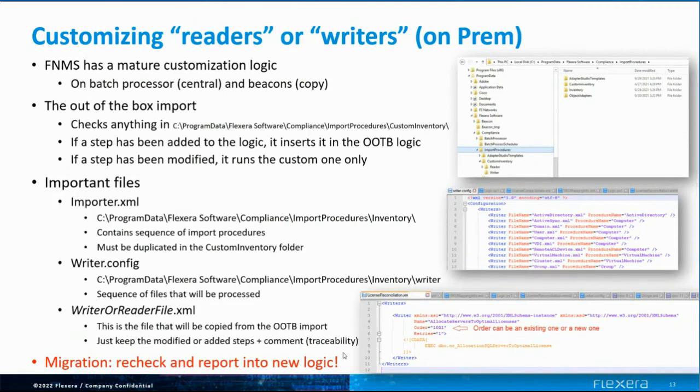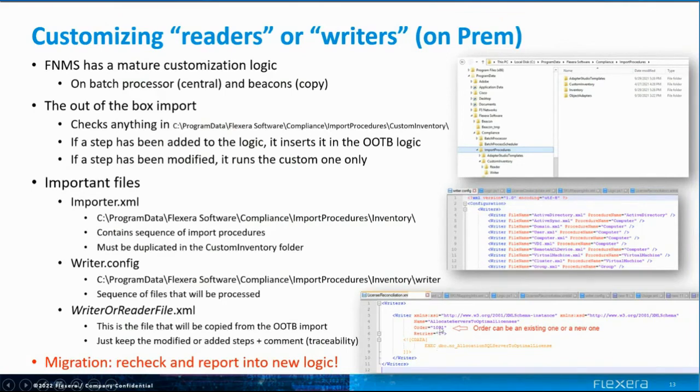And if you create in this custom inventory, let's say writer slash, a new file which is called license reconciliation.xml, you will actually influence the way the data gets imported, and the import will run your additional sequence if that's a specific writer.